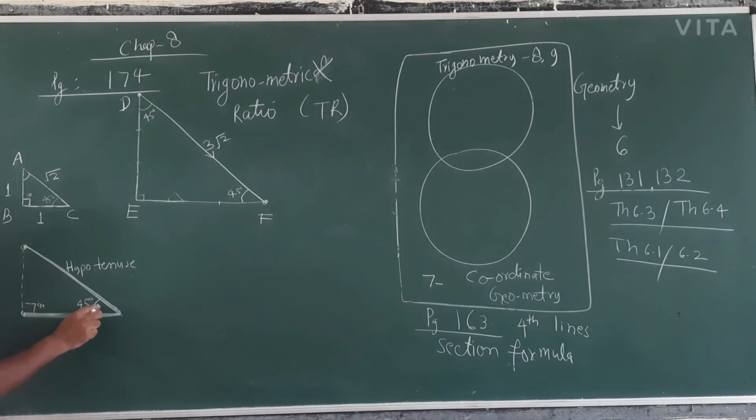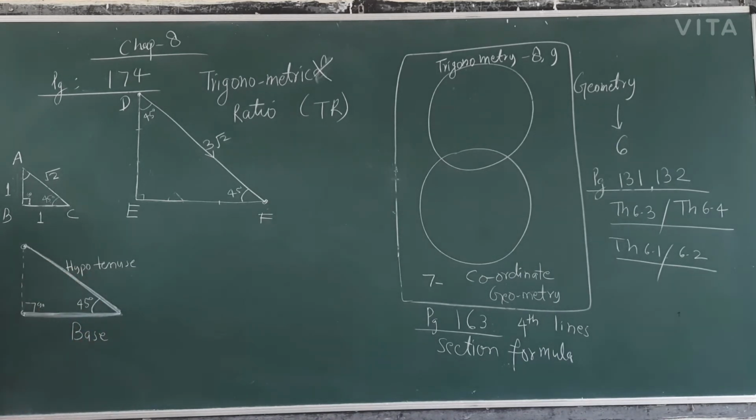So for this angle it will be base, because it is already named base, and for this angle this is just the opposite side. And what is its nature? 90 degree opposite side, so it will be perpendicular P for this angle.